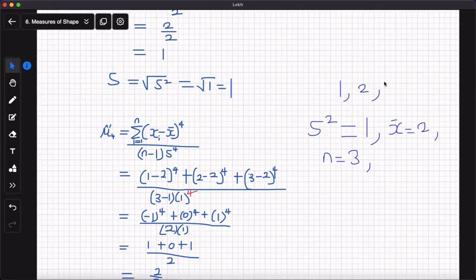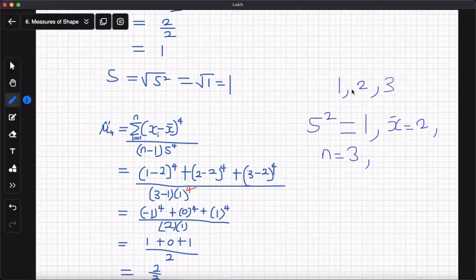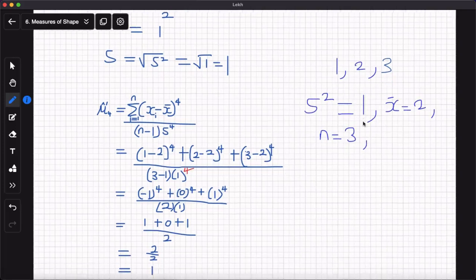We have 1, 2, 3. That's our data. Then we have the variance to be 1 and the mean to be 2, and the number of observations is actually 3. And so what we do, first observation minus the mean: 1 minus 2.